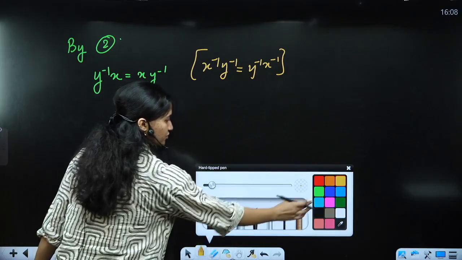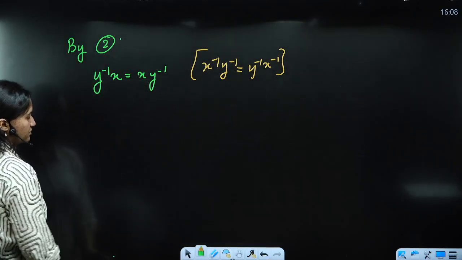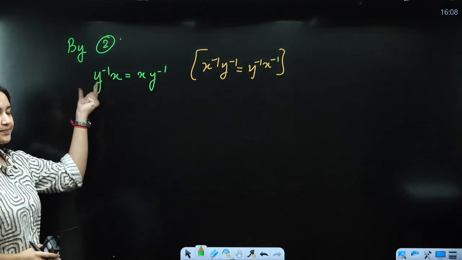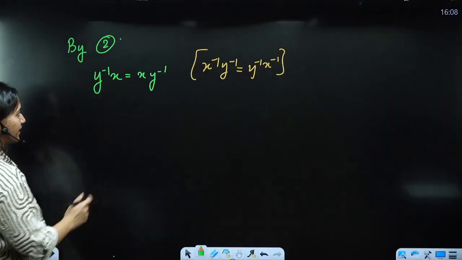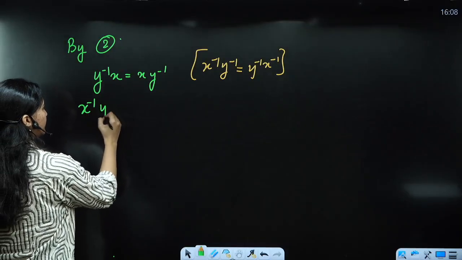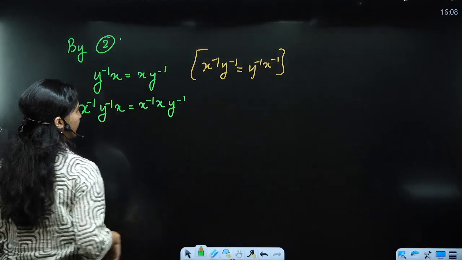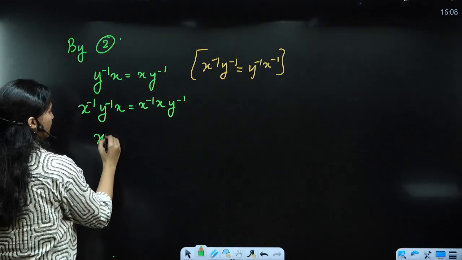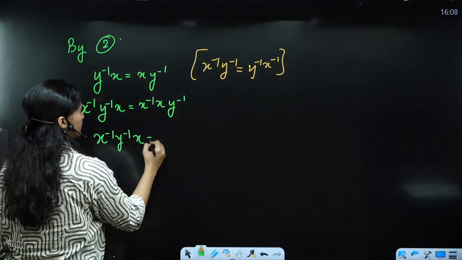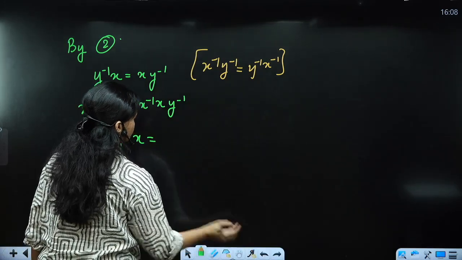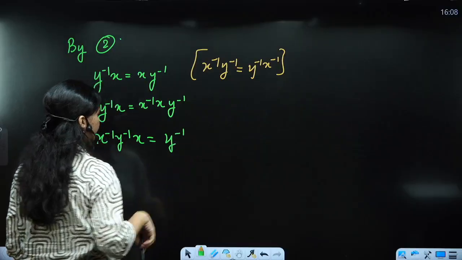How can we get that? You need x inverse on the left hand side of y inverse, right? So we can start from there. So x inverse y inverse x equals x inverse x y inverse, right? From here I'm going to get x inverse y inverse x equals x inverse, this is going to become y inverse, right?